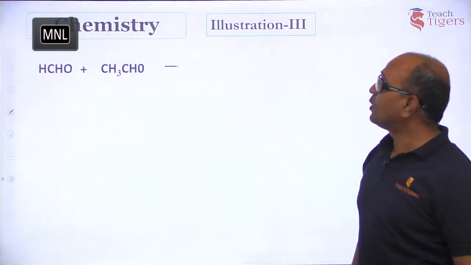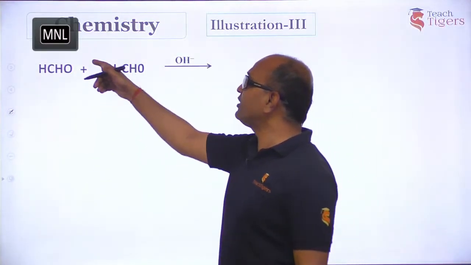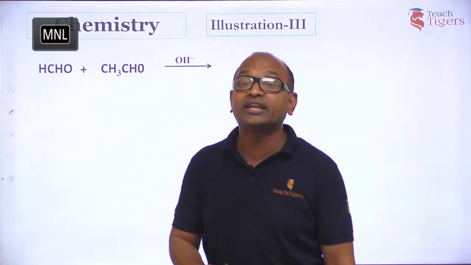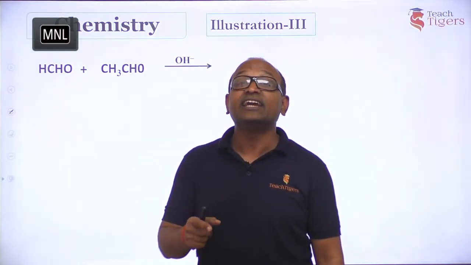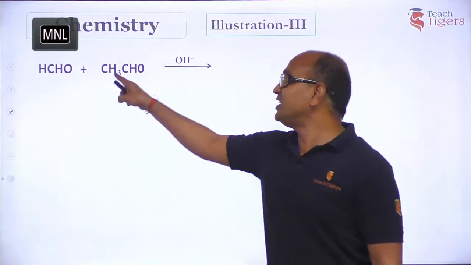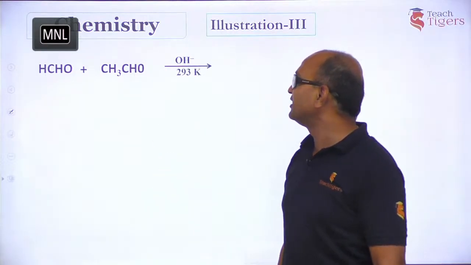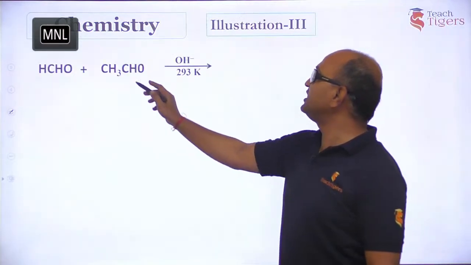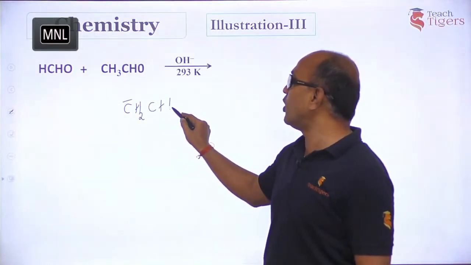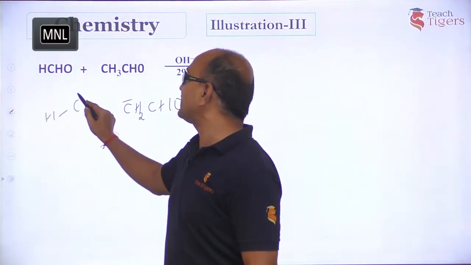So you see, what is it that we have taken here? I have taken formaldehyde. This does not have an alpha hydrogen and cannot form enolate ion, but it can undergo nucleophilic attack by the enolate formed by acetaldehyde. So children, just see what's the enolate here. The enolate is CH2CHO, which is going to attack this.